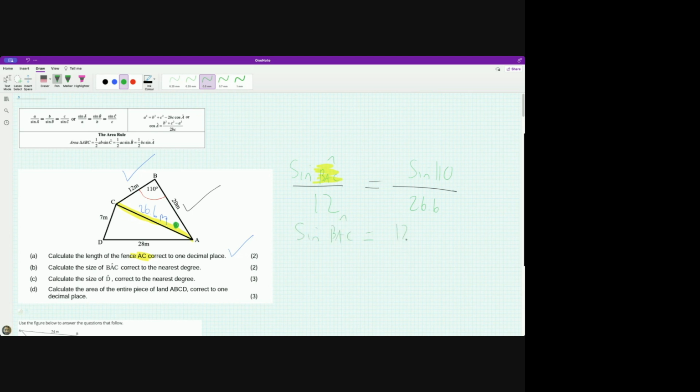I know I'm going to move that 12 across, but I still need to get what that actual angle is. I'm going to look at the chat and see if there are any suggestions coming forward.